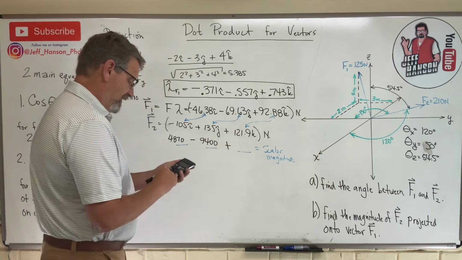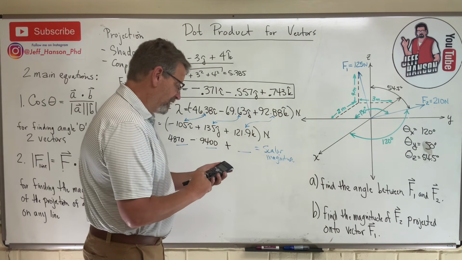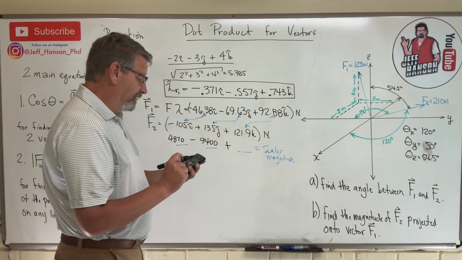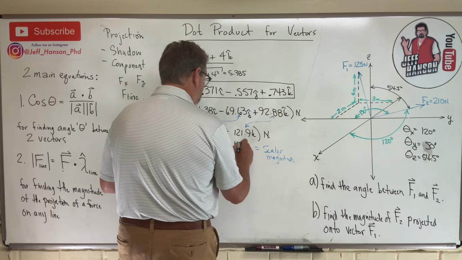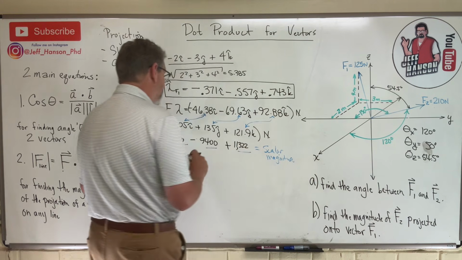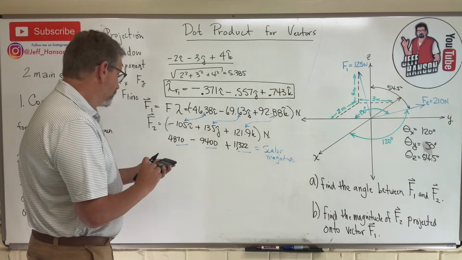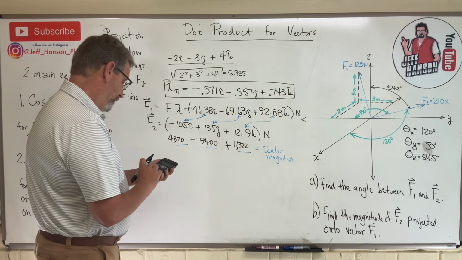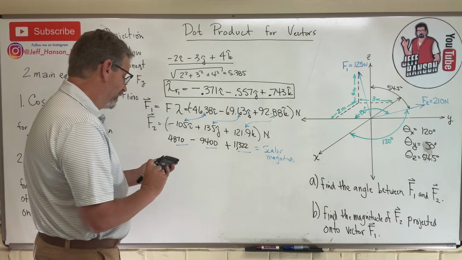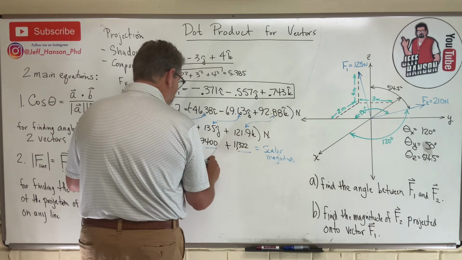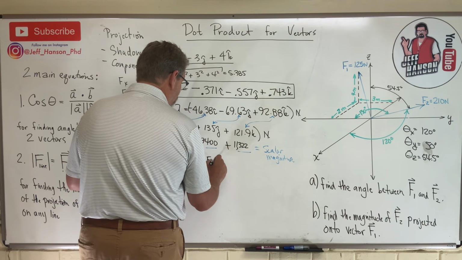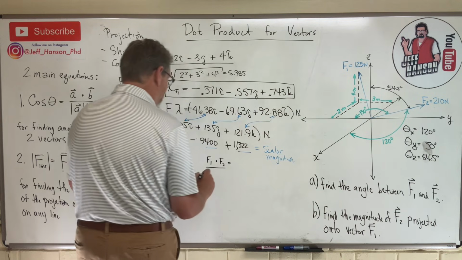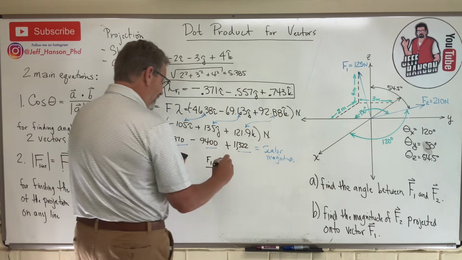What's the last one? Let's see. 92.88 times 121.9 equals 11,322. Okay? Let's add those together. So minus 9,400 plus 4,870 plus 11,322 equals, okay, so this is F1 dotted with F2, that's the top half of our equation, 6792.